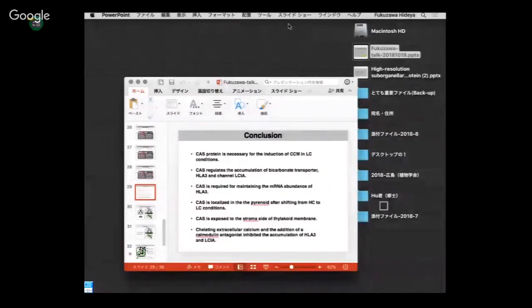Any other question? Not directly related to your talk, but is the sensing system connected to cellular movement, because the Chlamydomonas can move?